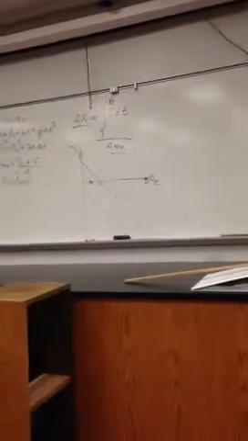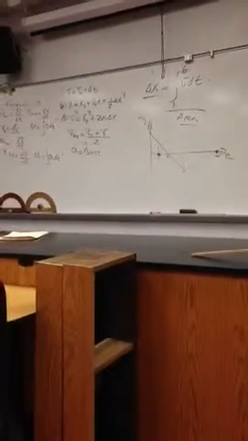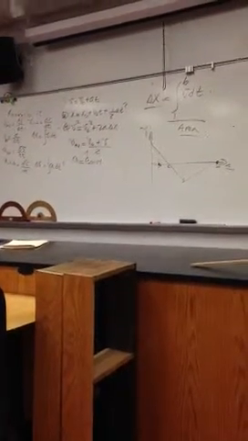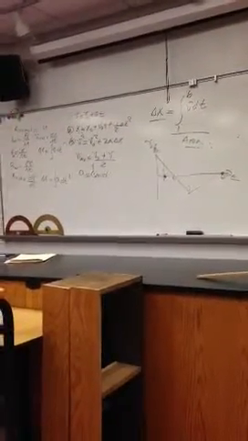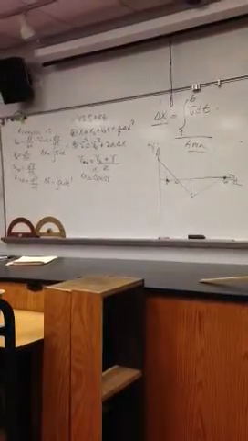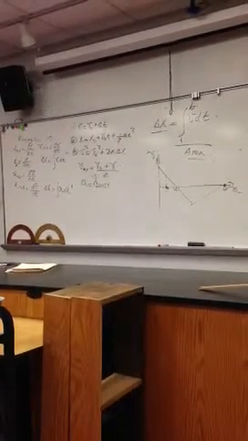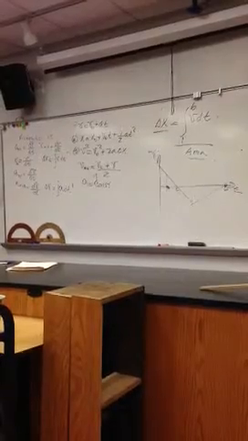How can we label that when we are solving the problem? How do we label v initial? v0. Right? v0 is 4 times 10 to the 6.